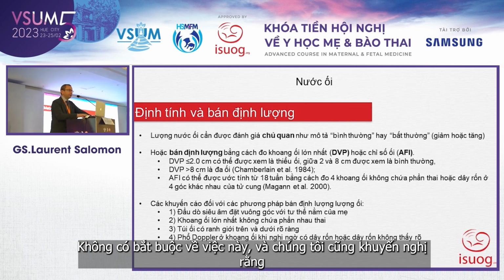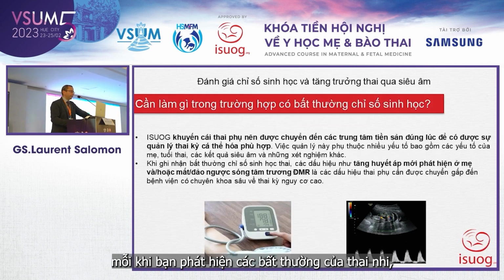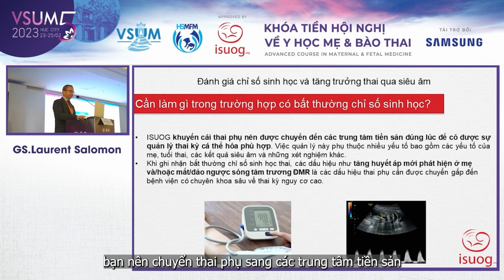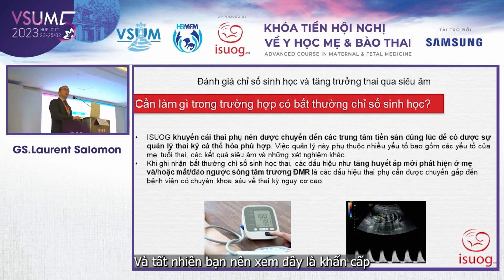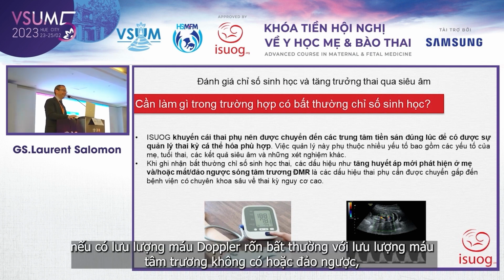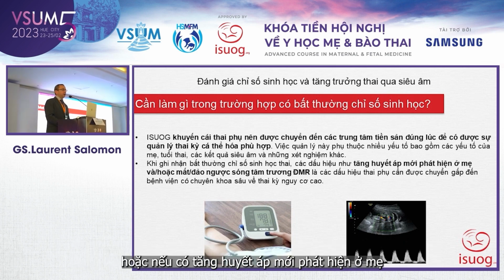And we have also recommended that in any case you discover a small baby or growth-restricted babies, you should refer this mother to a referral center, and of course you should refer her as a matter of emergency if there is an abnormal umbilical Doppler blood flow with absent or reversed end diastolic blood flow, or if there are any maternal symptoms such as hypertension.